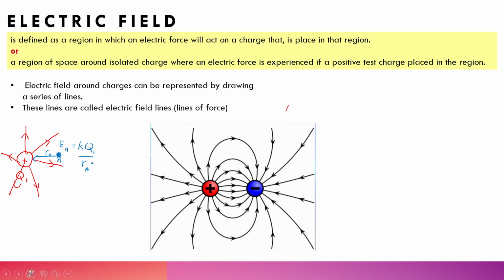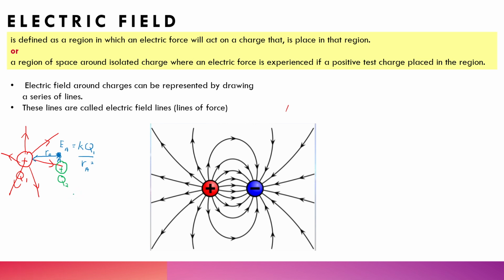So when we have a charge, we put a charge here at this point and we name it as Q2. Let's say we put a positive charge here. So when we put a charge of Q2 at point A, we actually can calculate what is the electric force that will act on that charge.